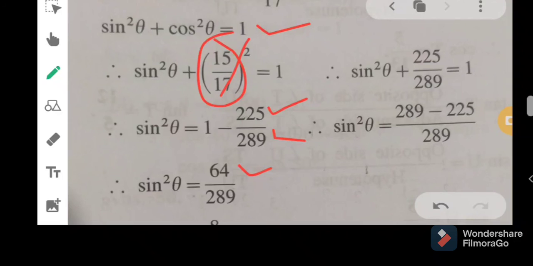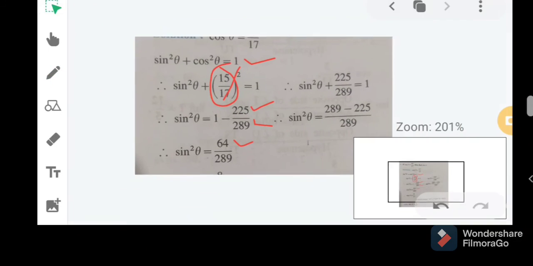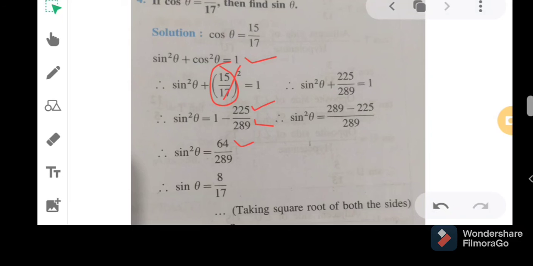Sin square theta equals 64 upon 289. So by taking the square root of both sides, square root of 64 is 8 and square root of 289 is 17. So the value of sin theta is 8 upon 17.